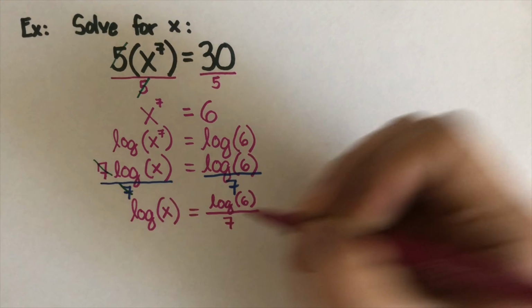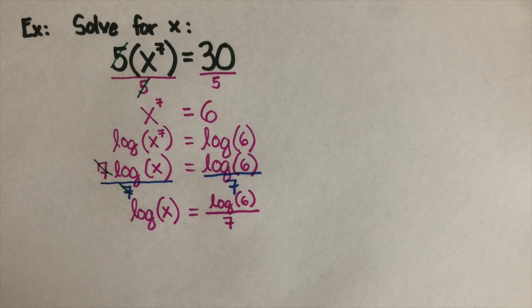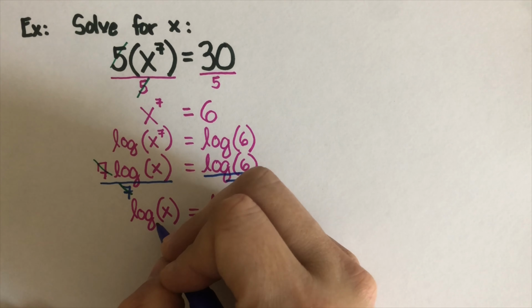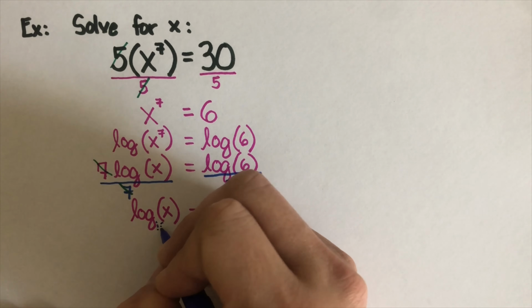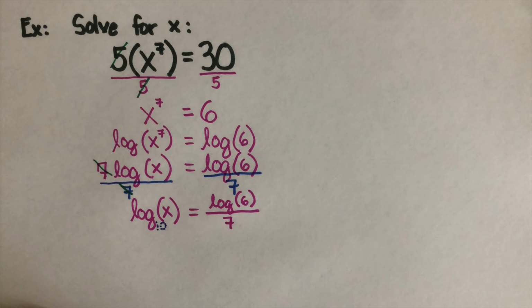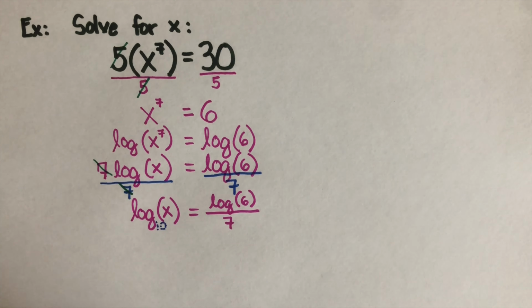Now, here's the thing that we talked about in the previous lesson on logarithm. Remember that there is an invisible base of 10 here. Every time, no matter what, the 10 is invisible. If it's not there, there's a 10 there.